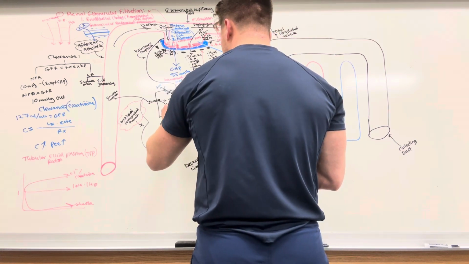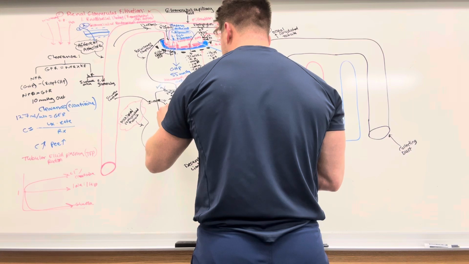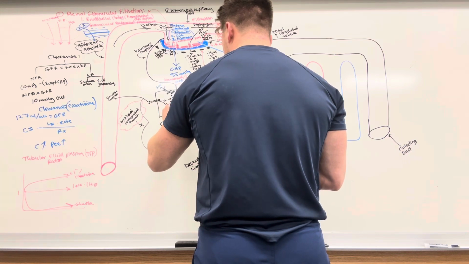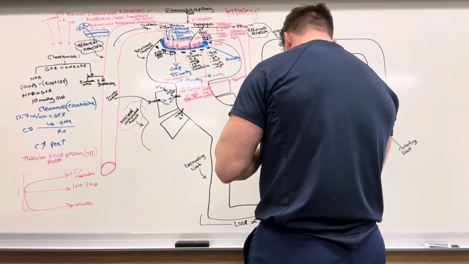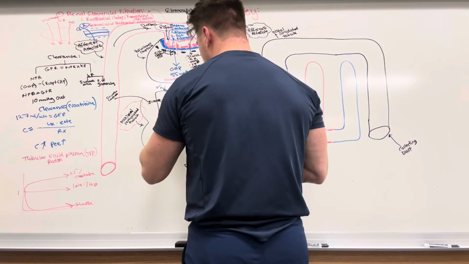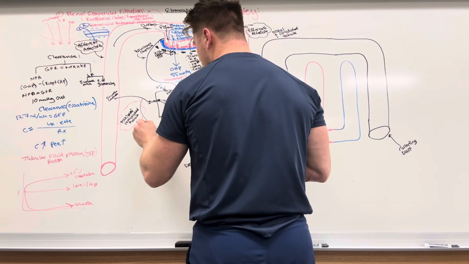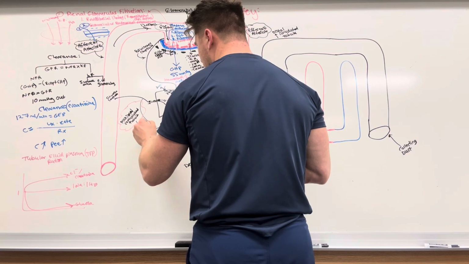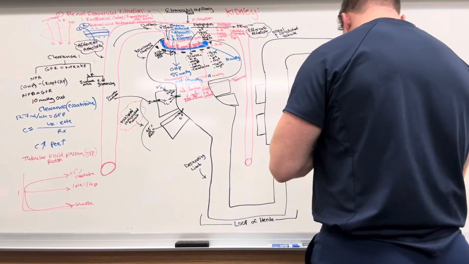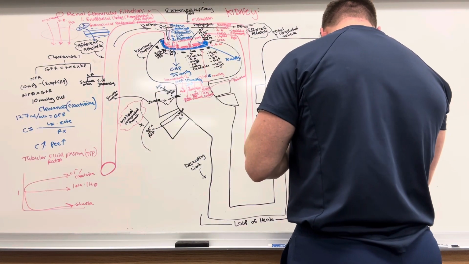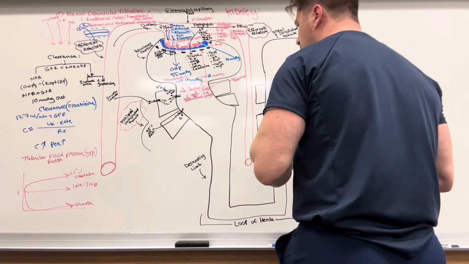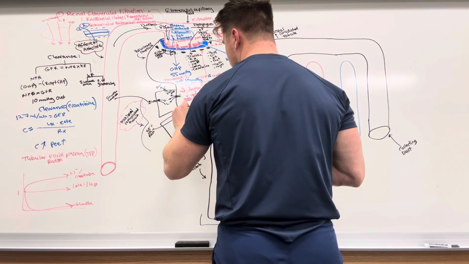Glucose can do the same thing with sodium: sodium comes in and glucose comes in as well. We also have this channel where we reabsorb 65% of sodium right here, and water is going to follow the salts.